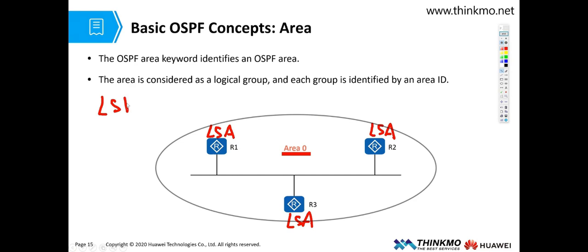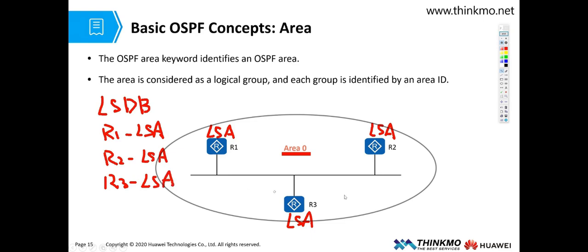For example, on R1, its LSDB, link state database, will record its own information. In addition, there is also R2, which has its own LSA, and R3's LSA will also be stored in R1's database. In the same area, all the devices' databases are unified, meaning we will have the LSA information of all devices in the entire area.